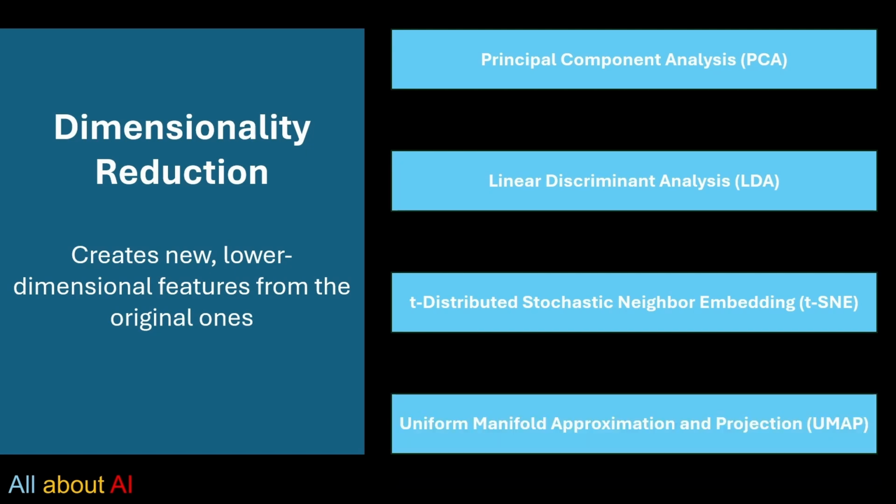Similarly, there is uniform manifold approximation and projection, UMAP. All these methods are also used for visualization to separate data and also find the most important features in a data set. TSNE and UMAP are nonlinear techniques. They are heavily used in visualization, preserving both local and global structure of the data.